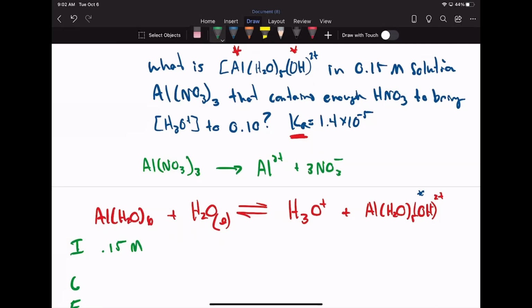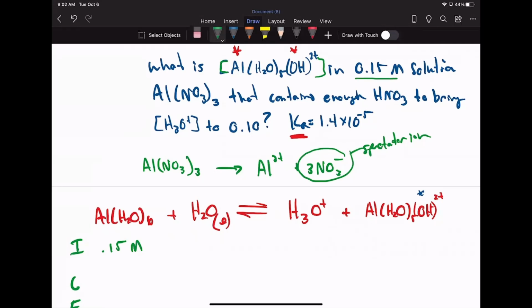This is my spectator ion, and I know it's my spectator ion because I'm looking at some concentration of this hydrated aluminum. This is my spectator ion.